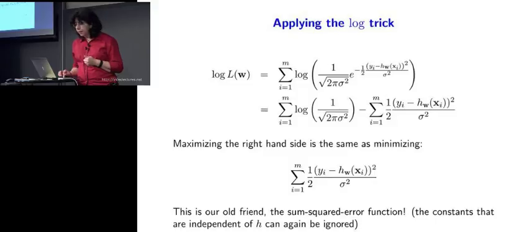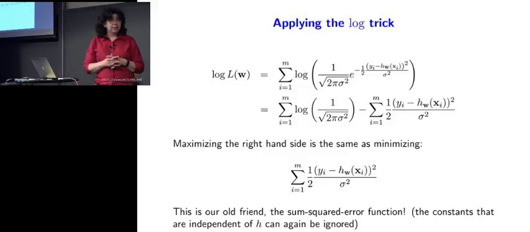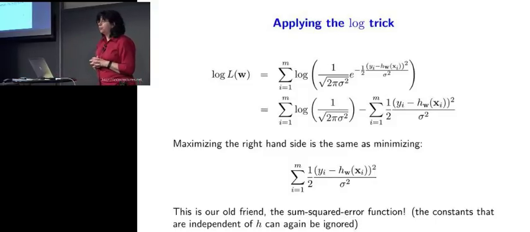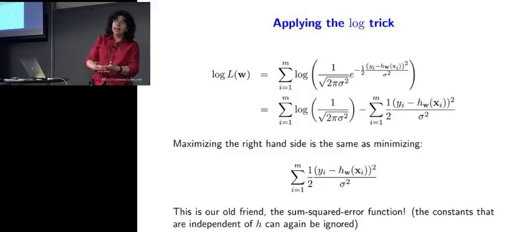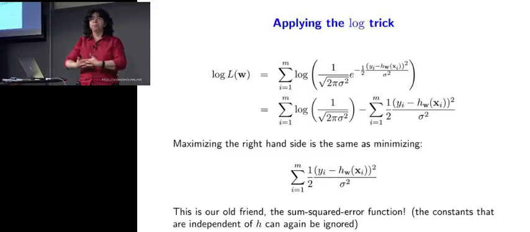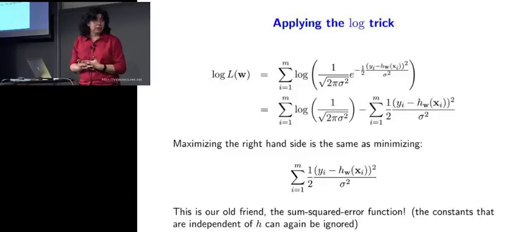So that's very nice. Why is it nice? Well, for one thing, it gives us a reason in hindsight as to why we're using the squared error. We're using the squared error because we're maximizing the likelihood, and we have this assumption of Gaussian noise that is IID and of the same variance.